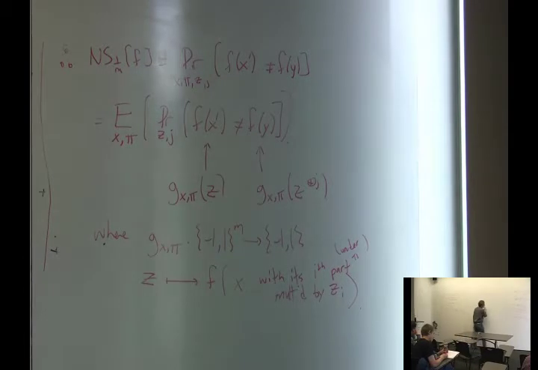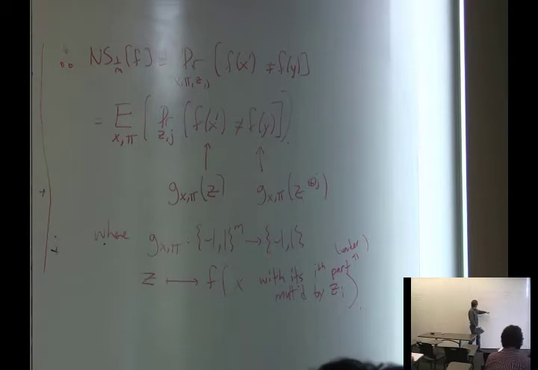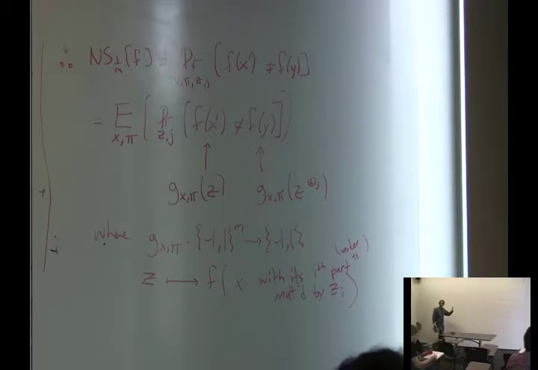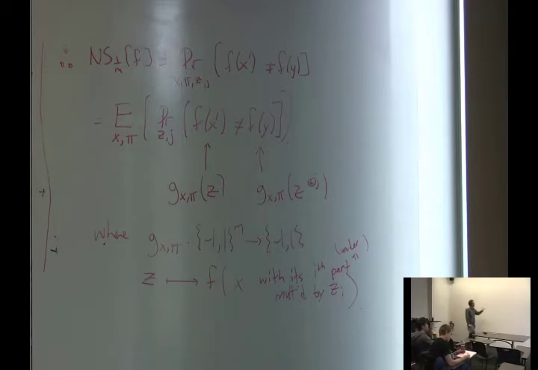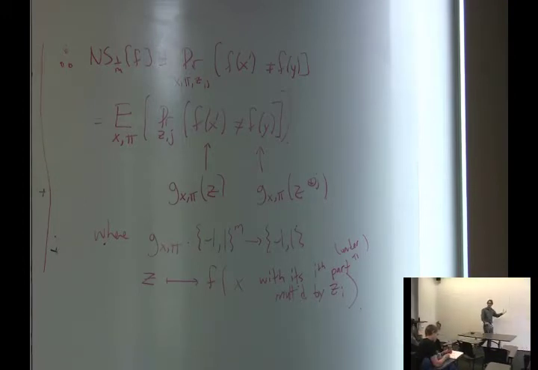What I'm saying is, for each fixed x and pi, define a function g on m bits. It'll be a Boolean function that on input z tells you what f's value is if I multiply the ith block of x by zi for each block.